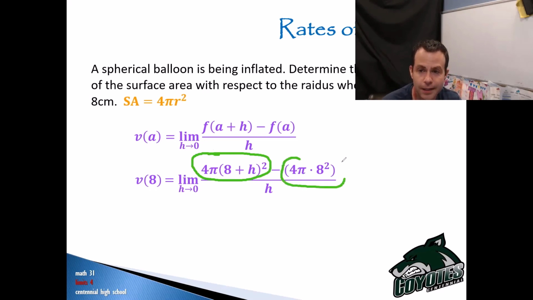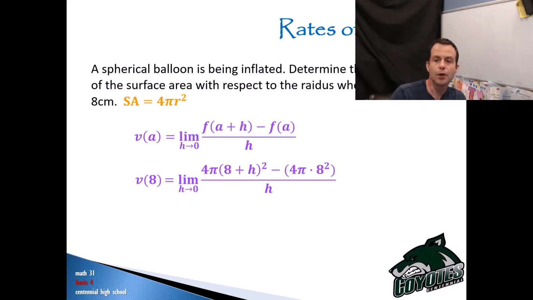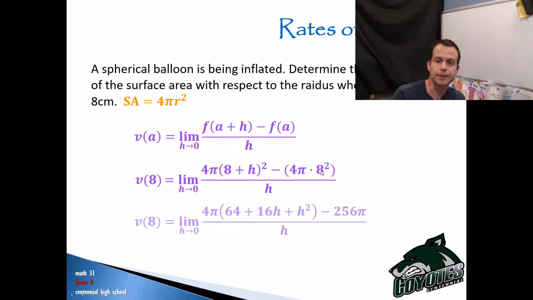And this guy is my f of a, which I just plugged in 8. So 8 plus h all squared is 64 plus 16h plus h squared. Over here, I've got 64 times 4, which is 256. So I've got 4 pi times 64 plus 16h plus h squared minus 256 pi.